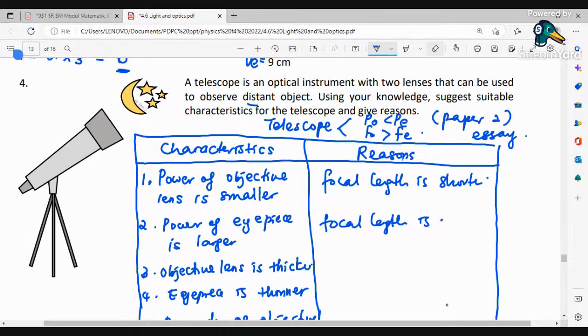Sorry terbalik. Sekejap. Inversely proportional. Longer, shorter. Objective.